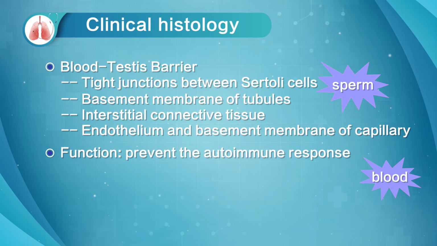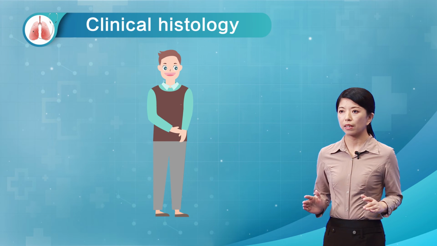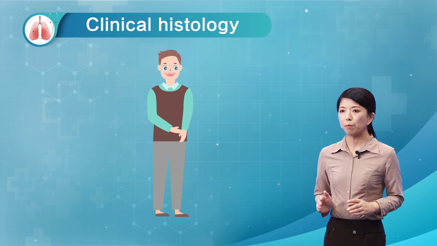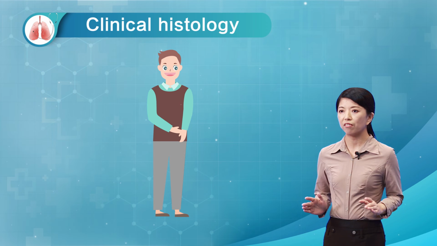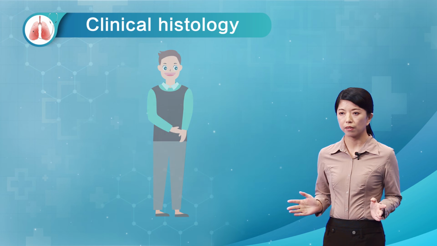That may initiate the lymphocytes to produce anti-sperm antibodies, which immunologically attack the differentiated haploid cells in the seminiferous tubules. Anti-sperm antibodies can be present in many men without necessarily inducing infertility. However, some of them may have reproductive problems. For example, John in our case.